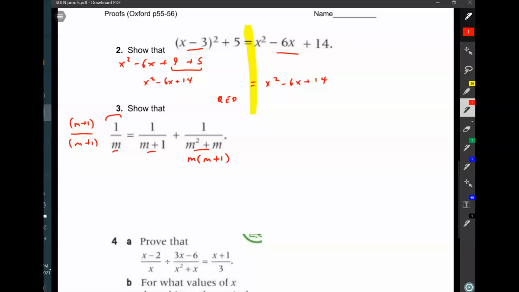Multiplying by 1 doesn't change the value. Then I'm going to get m plus 1 in the numerator, and in the denominator I'll have m times m plus 1. Then I could separate this into two fractions, dividing the numerator into two separate fractions where the denominator is the same.